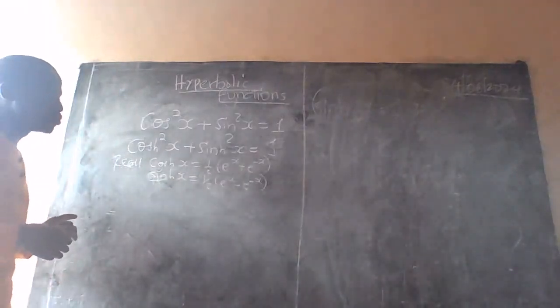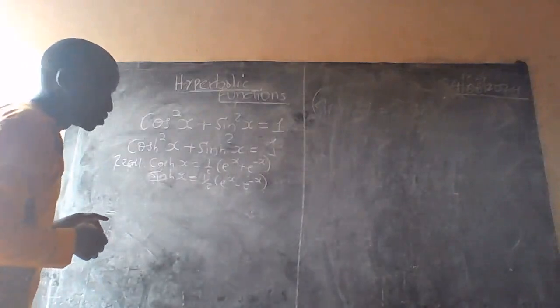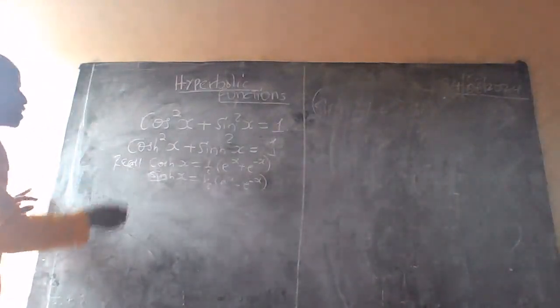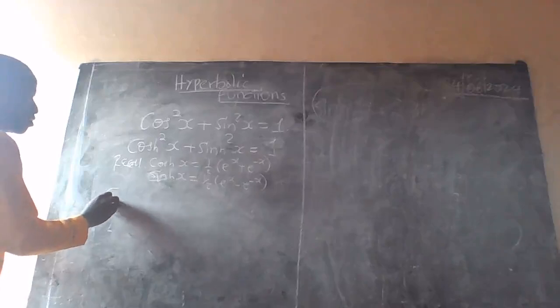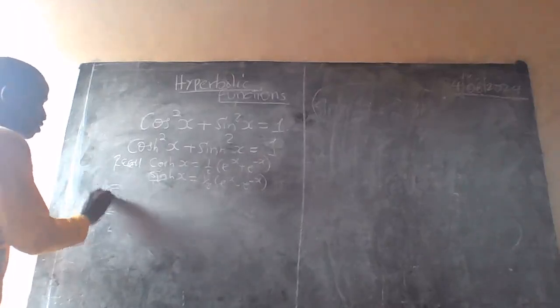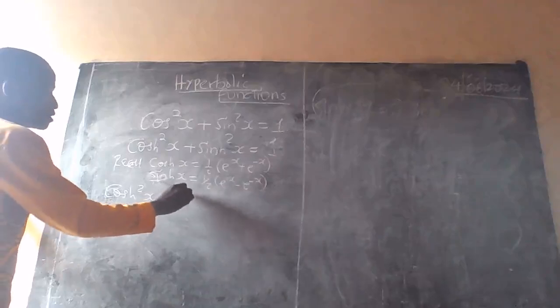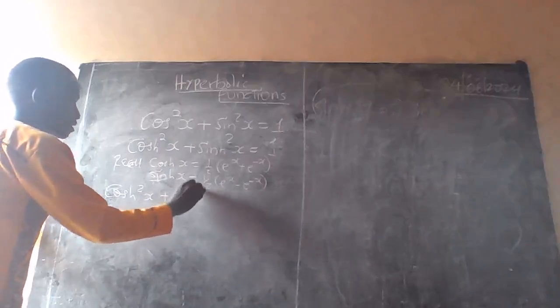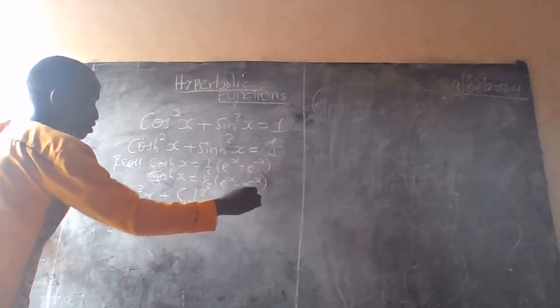Once we have those two, then we are good to go in our manipulation today. So let's begin with cosh. So cosh squared x plus sinh squared x is equal to what?